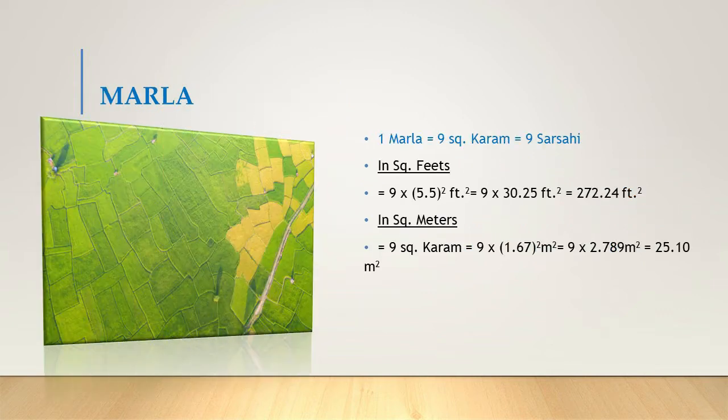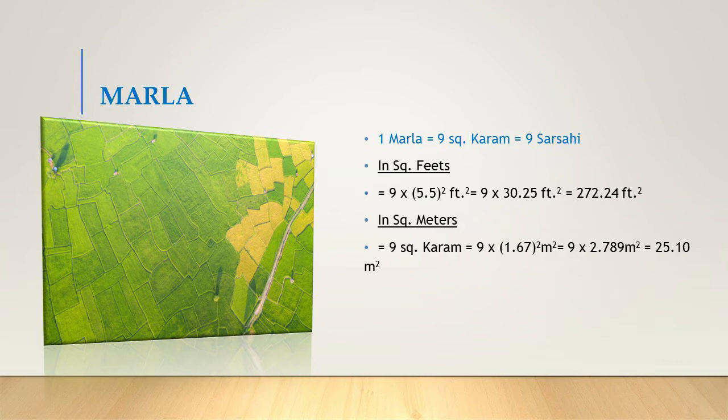Calculations as already discussed. Then we have the next basic unit, which is most commonly used for commercial purposes, residential purposes, and even for agriculture, that is marla. So 1 marla is equal to 9 sarsahi or 9 square karam. And if you look at the calculations, these are very simple.